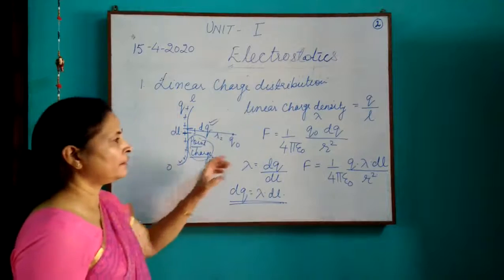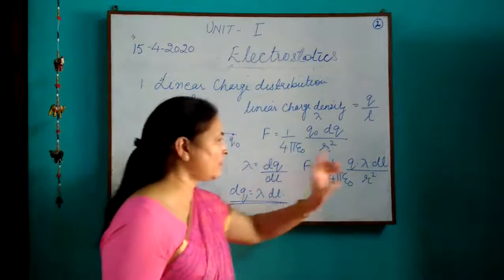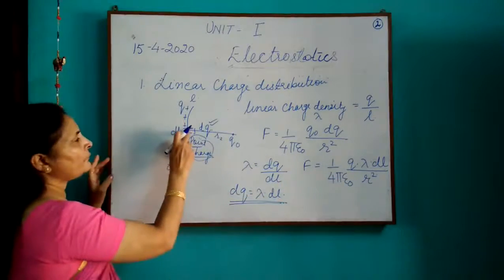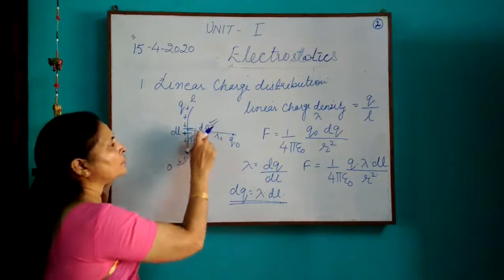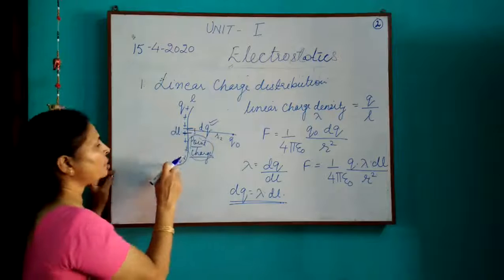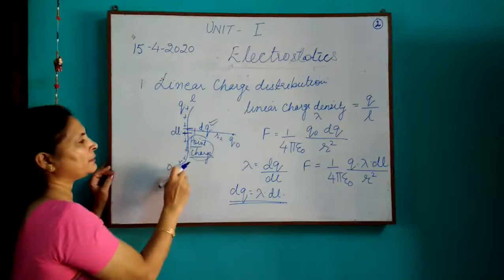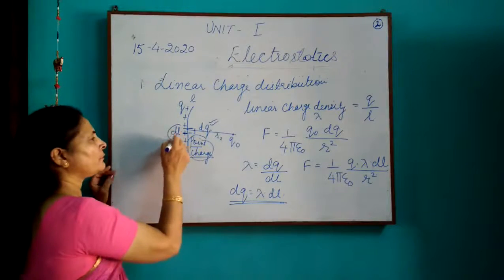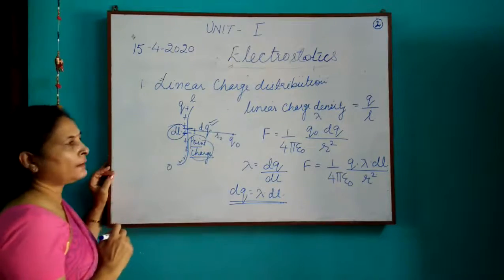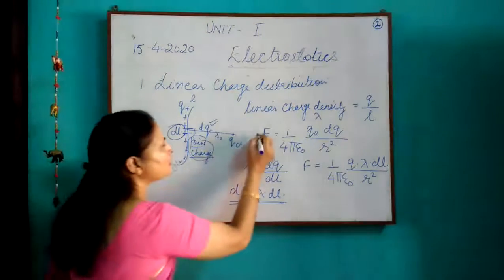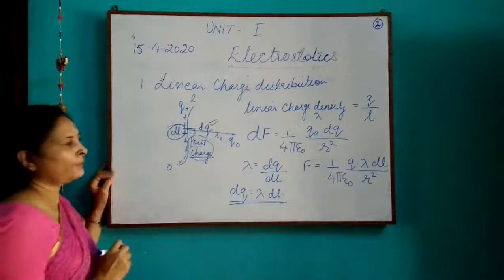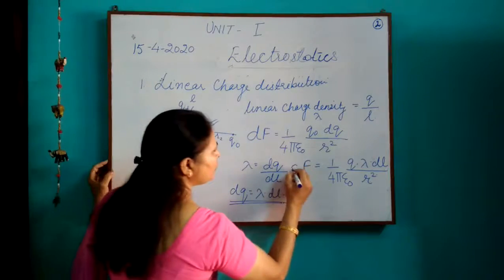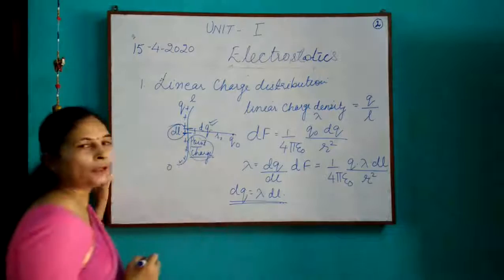Now this is clear. When I talk about the force on q naught because of this charge dq, that is not the total force exerted by the total length. It is only because of dl. So this is not the total force but dF.